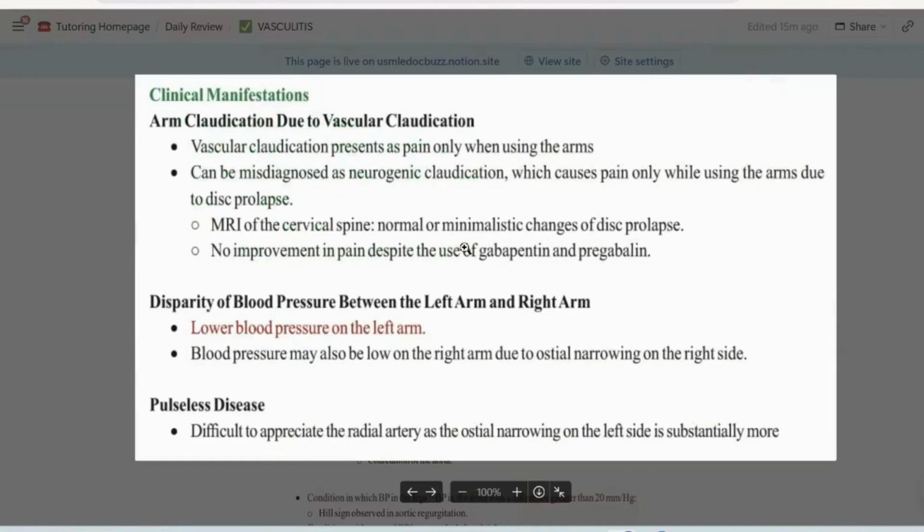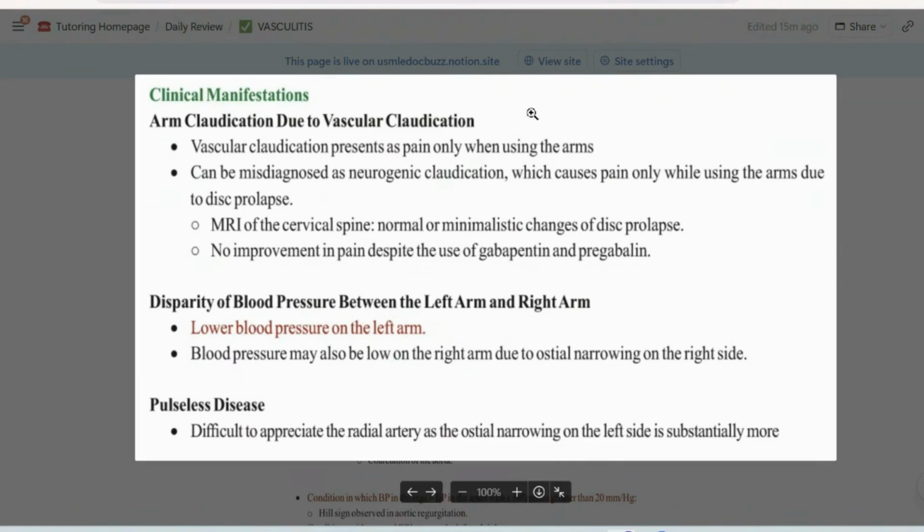The problem is that a lot of middle to older adults present with nerve entrapment, or other cervical problems, so it can be misclassified as neurogenic claudication, right? So how can you differentiate between the two?